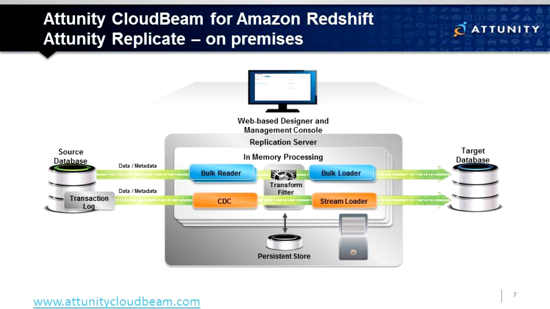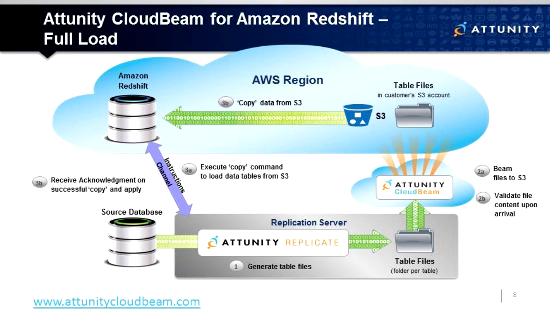So let's apply this to the world of Amazon and Redshift. Process-wise, it's very similar, of course. The Replicate server looks to the defined database and generates table files. From there, Replicate leverages Tunity's Cloud Beam service to send those files to S3.